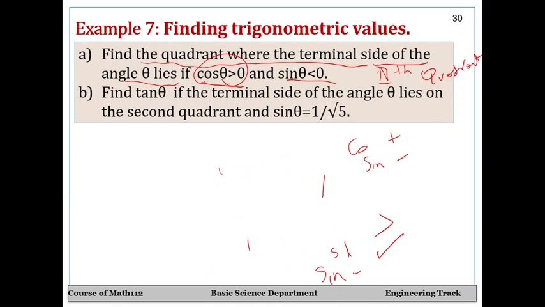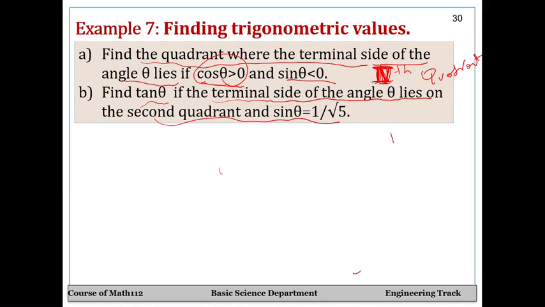Now let's do the other question. So the fourth quadrant, let's make it clear, in Roman numerals, it will be IV. So find tangent theta if the terminal side of angle theta lies on the second quadrant and sine theta is 1 over square root 5.